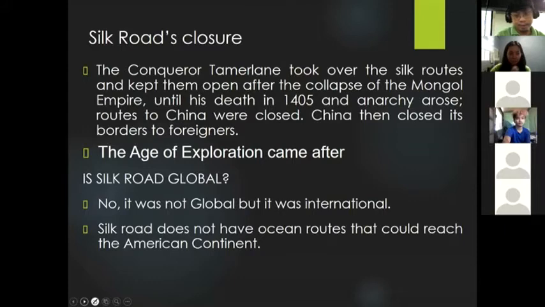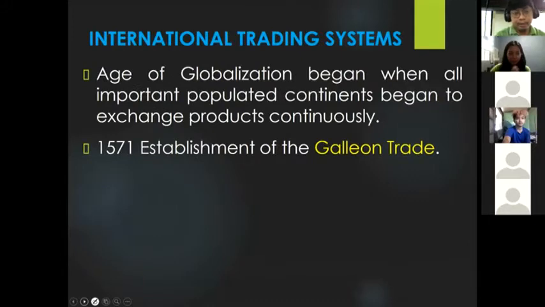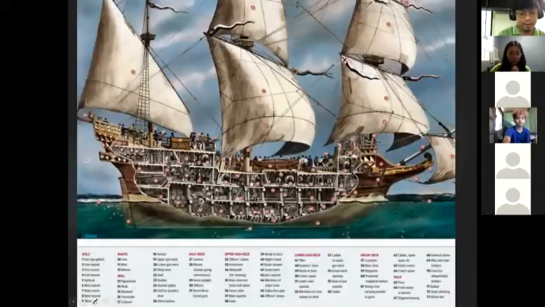what could be the trading system that can be considered as global? The age of globalization began when all important populated continents began to exchange products continuously. The keyword there is continuously. Nagsimula ang globalization and global trading system in 1571 nung patag ang galleon trade.